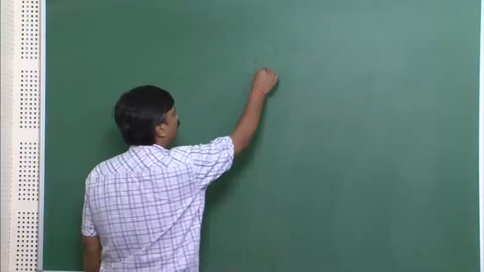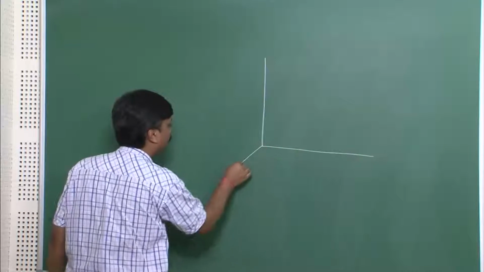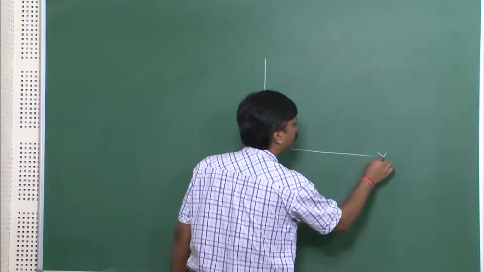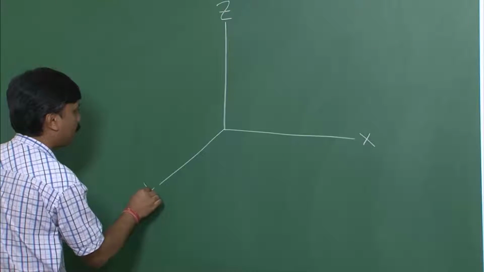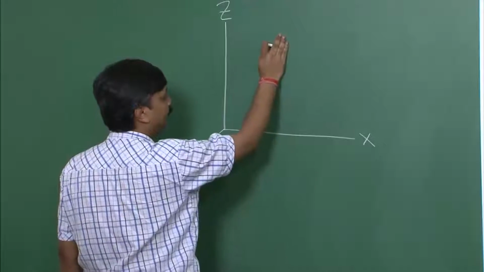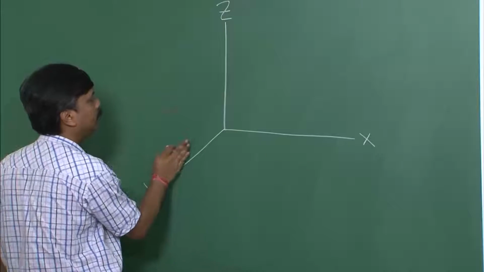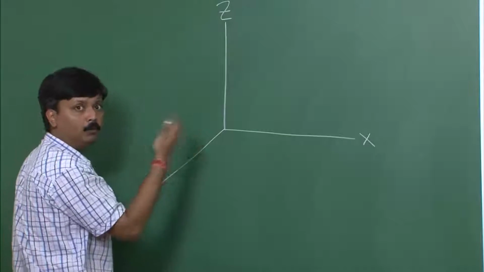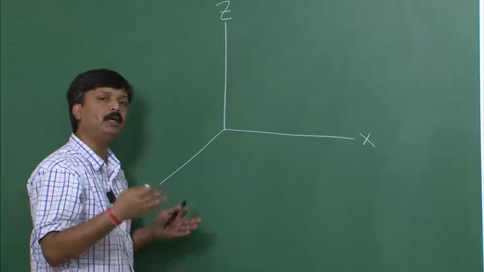So suppose I have my coordinate system given like this. So this is my xz plane, okay, and this is my xy plane, and this side it is my yz plane. Now suppose I take any of the given plane to be my reflection plane.